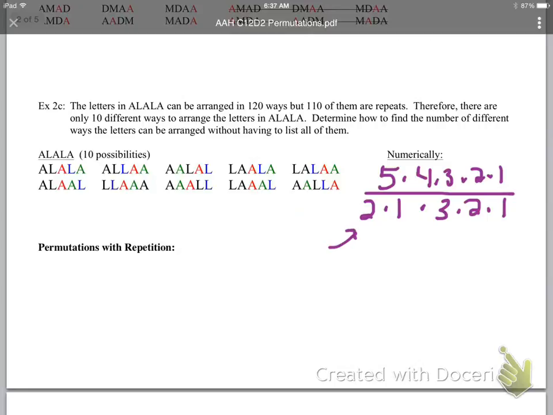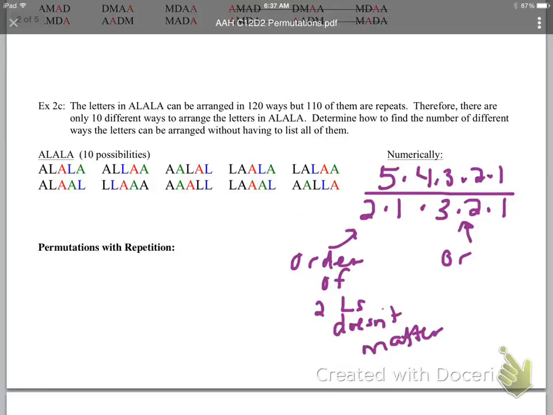So this here is the order. We have to divide out the fact that the order of the 2 L's doesn't matter. And here, with these 3 times 2 times 1, the order of the 3 A's doesn't matter.